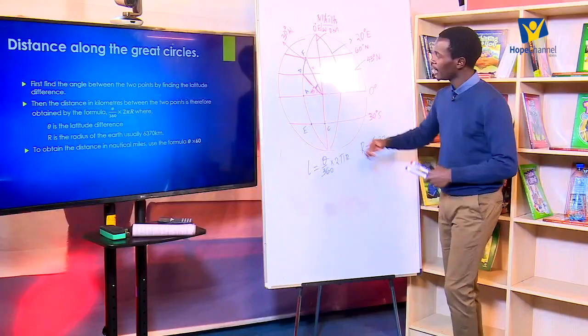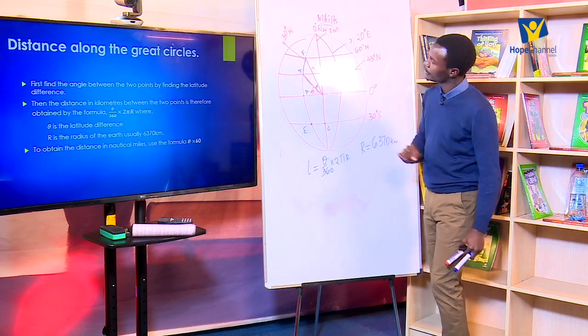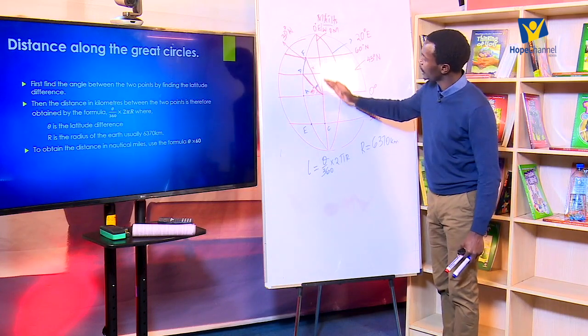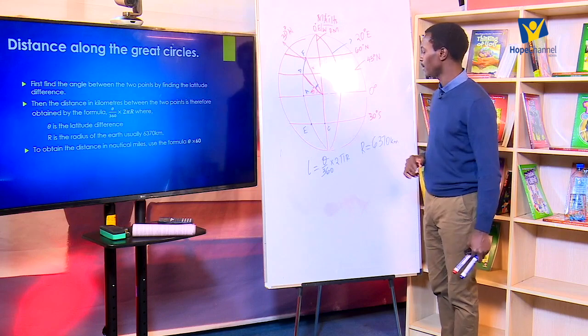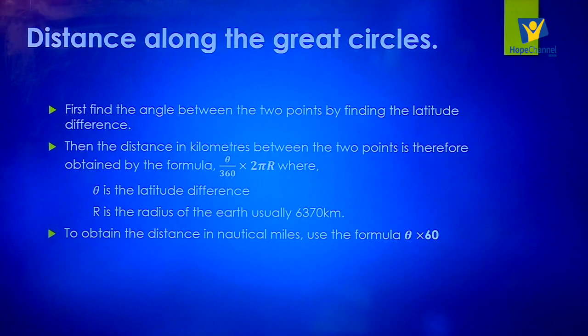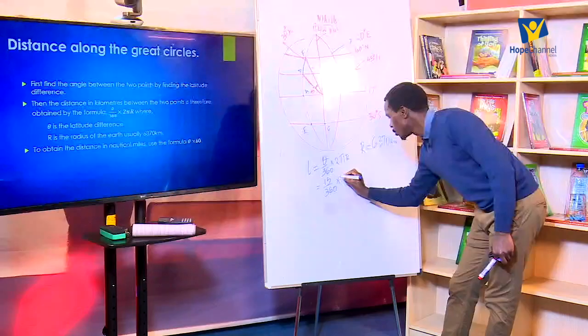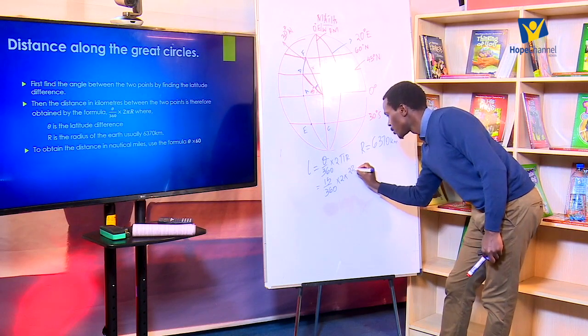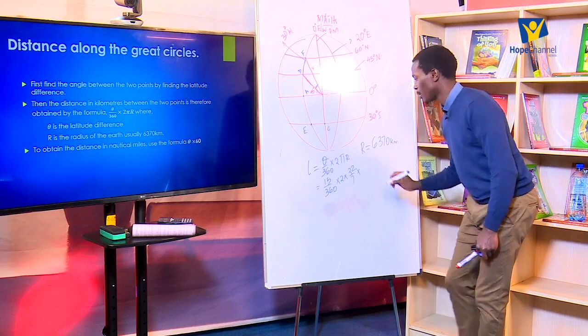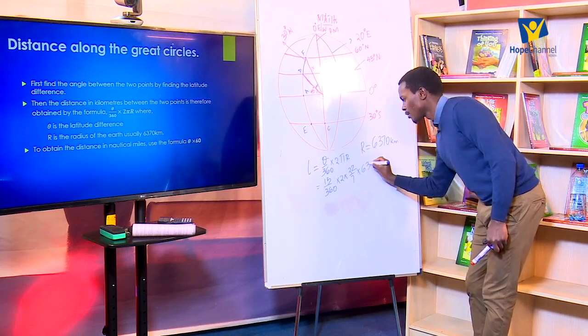Now we have the angle between the two places. That is 15, since 60 minus 45 is 15. So therefore, we can work out the distance between the two places as 15 degrees over 360 multiplied by 2 multiplied by 22 over 7 multiplied by 6370.